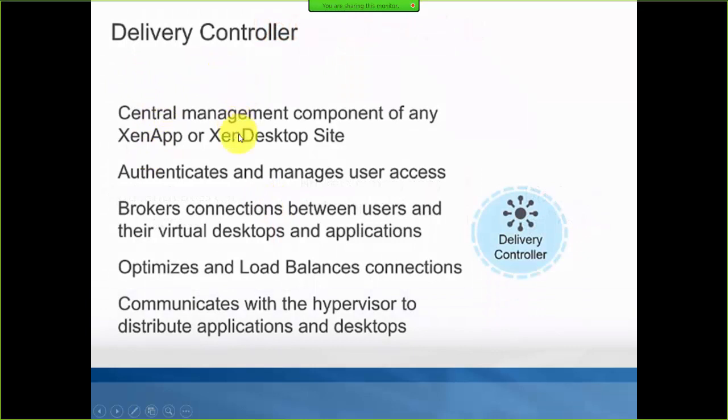Some more information on Delivery Controller: it is the central management component of any XenApp or Zen Desktop site. They're not using the word farm now, it's site. It authenticates and manages user access, brokers connections between users and their virtual desktops and applications, optimizes and load balances connections, and communicates with the hypervisor.